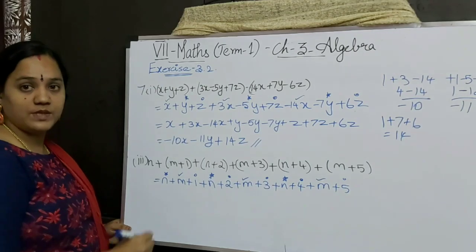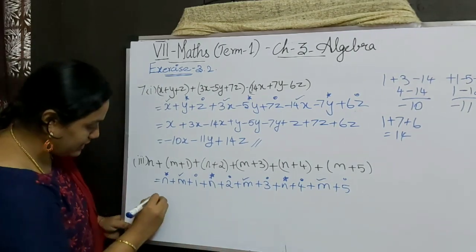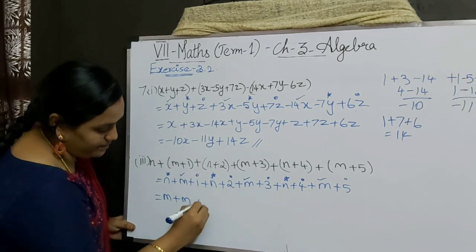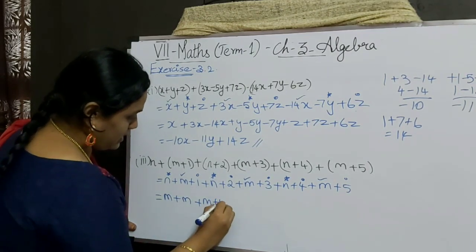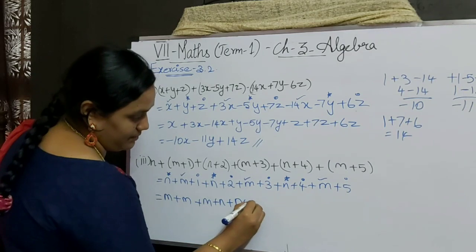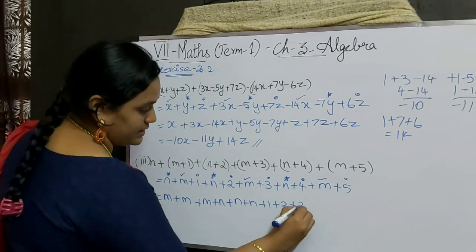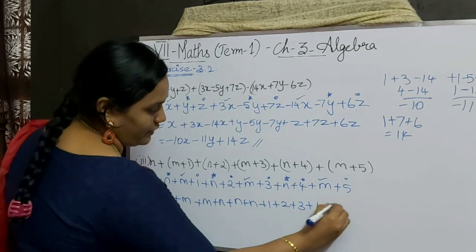Shall we write m terms, n terms and constant together? Yes. M terms: m plus m plus m, n terms: n plus n plus n, constant terms: 1 plus 2 plus 3 plus 4 plus 5.